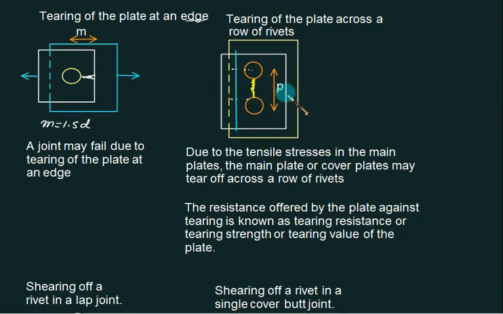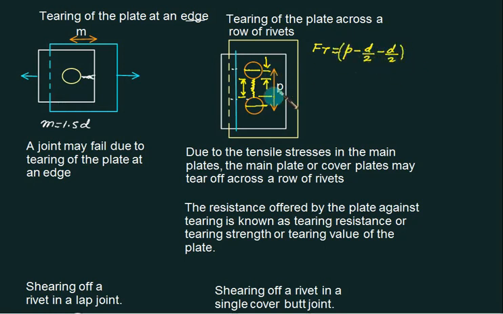Our calculation is based on pitch. The distance from this point to this point is D by 2. This one is diameter D. This distance is D by 2, and from here to here also the distance is D by 2. It means the effective distance from here to here is P minus D. So the tearing strength based on the pitch is given by P minus D by 2 minus D by 2.